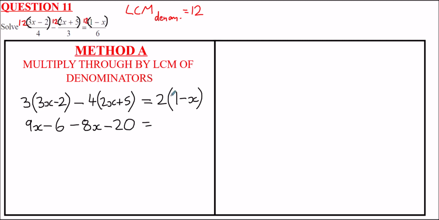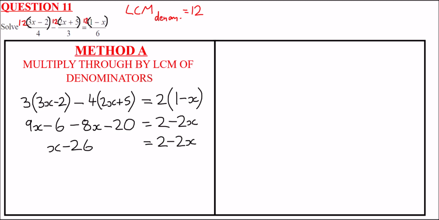Finally here, 2 times 1 is 2, 2 times minus x is minus 2x. So now we just need to simplify down. So 9x take away 8x, that's just 1x. If I take away 6 and then take away another 20, that's the same as taking away 26 in total. Over here, I've still got 2 minus 2x.